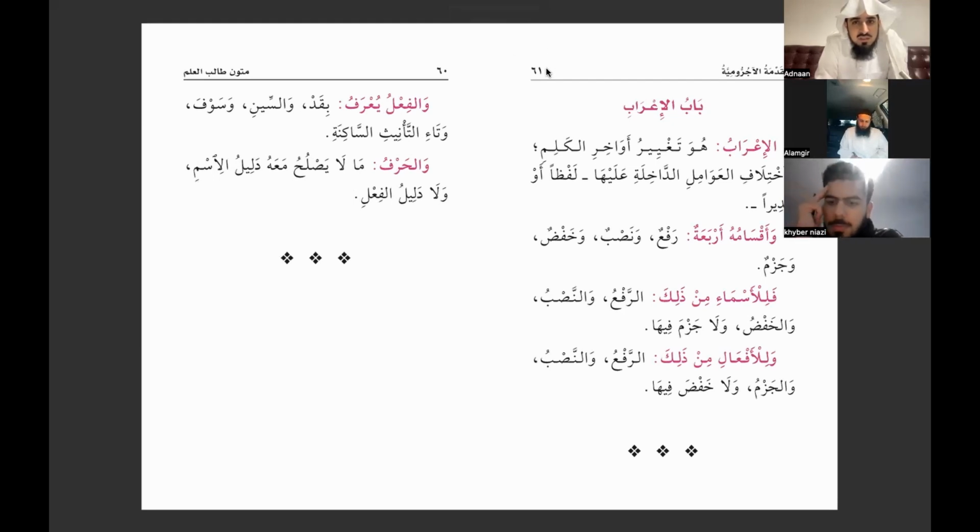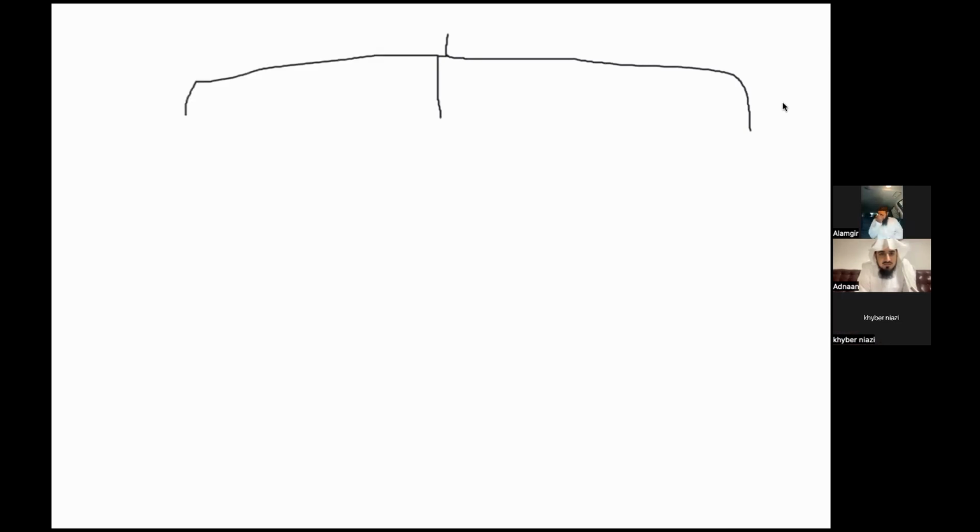And just to show you here on the board why he's telling you all this, because you're going to see that there are different ahkam. We still haven't got into the main thing. So that's kalam in the center. It's divided into three: ism, fi'l, and harf. Ism, we said he gave us how many signs?